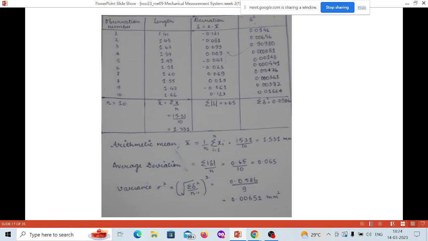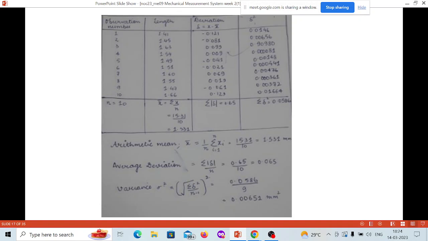The next, 1.45 minus 1.531, is minus 0.081. 1.63 minus 1.531 is 0.099, and so on till the last, 1.66, which is 0.123. That's the deviation. Values less than the mean are negative, and values greater than the mean are positive. The deviation tells you how much the value has deviated from the mean value.